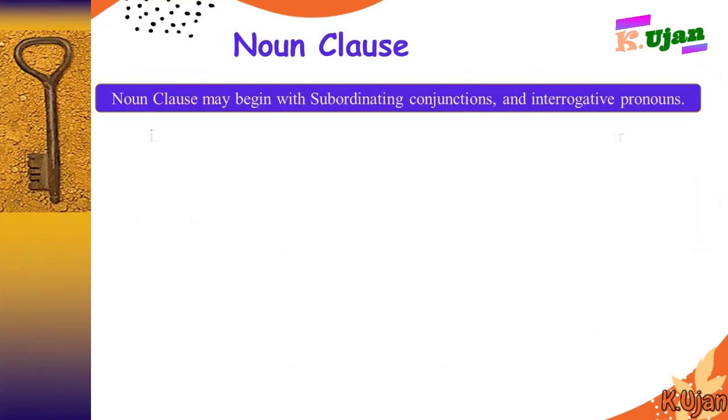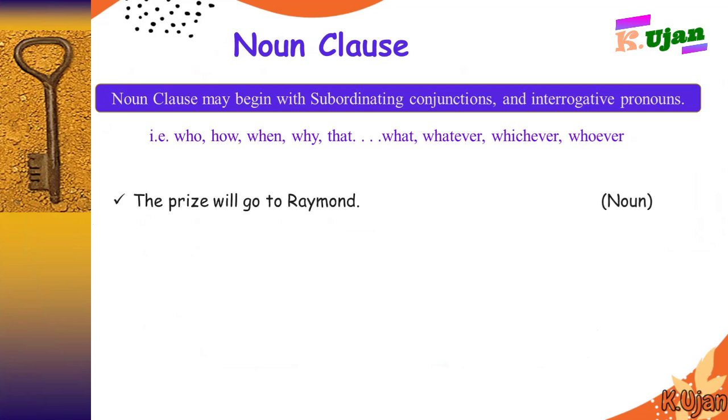Now students, a noun clause may begin with subordinating conjunctions and interrogative pronouns as well, like who, how, when, why, that, what, whatever, which, whoever. So let's begin with an example.